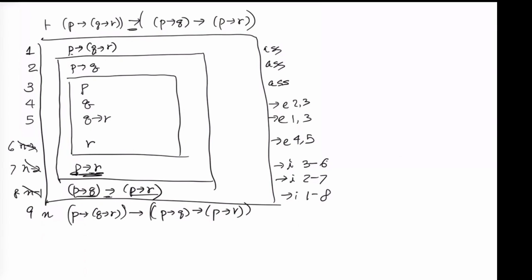So line 7 is 3 to 6, line 8 is 2 to 7, and let me just write it here again. Okay, so this is implication introduction for lines 2 to 7, and this is implication introduction for lines 1 to 8. So we are done with the proof. Okay, so let's look at the next problem.